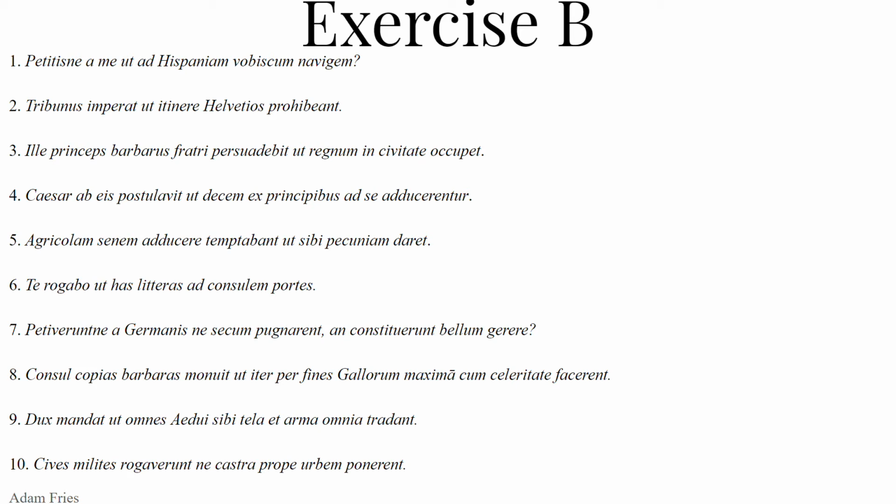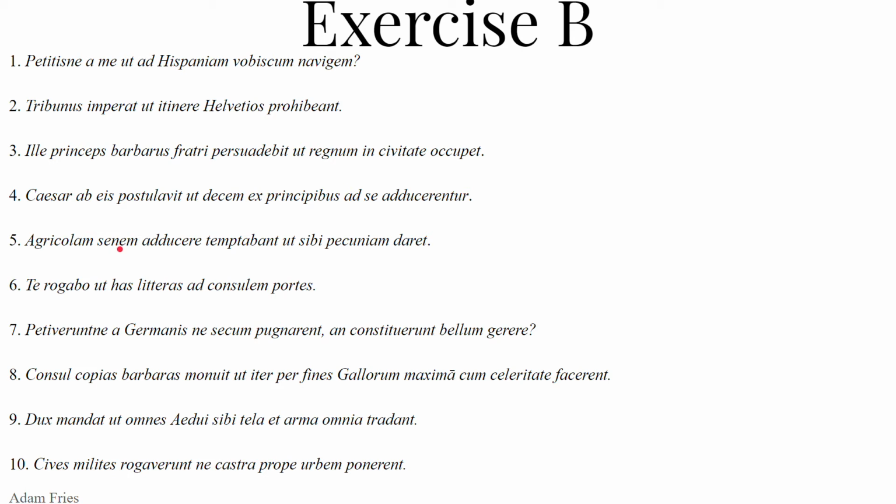Quinta, sententia quinta. Agricolam senem adducere temptabant, ut sibi pecuniam daret. They're attempting to extort money from that poor old man. So agricolam senem, agricola, agricolae, masculine, farmer, agricolam is the accusative, probably going to be the direct object, singular masculine of some verb.